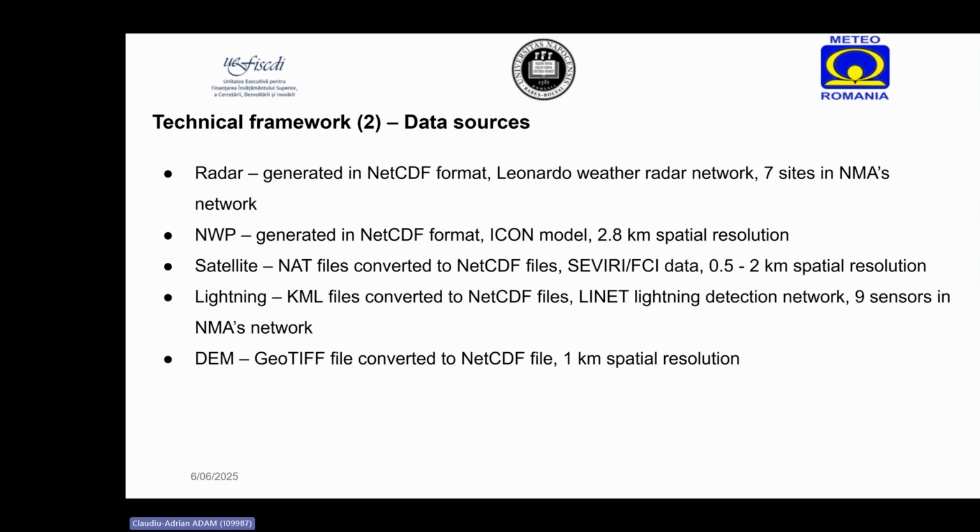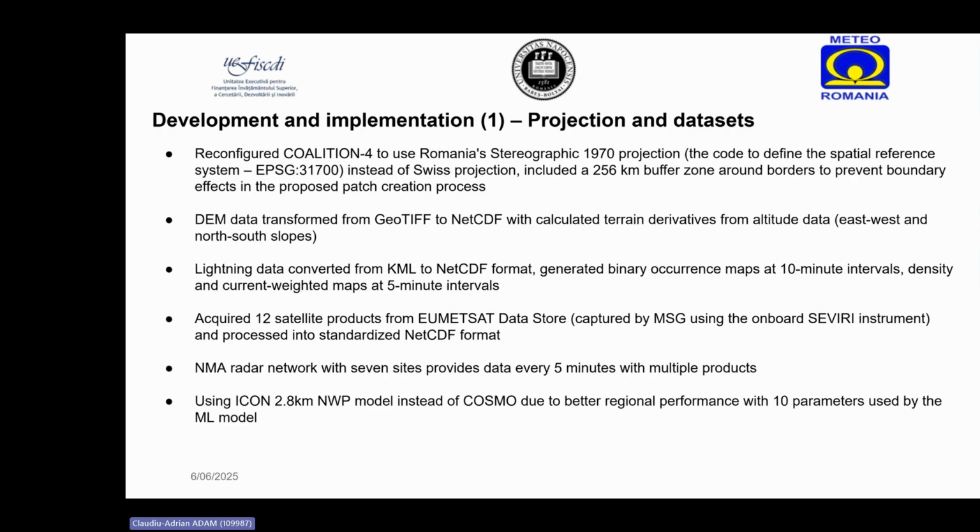Okay. As for the development and implementation part, the MeteoSwiss team used their projection of Switzerland, and we had to change that with Romania's Stereographic 1970 projection, which is referenced with the EPSG code you can see on the slide.